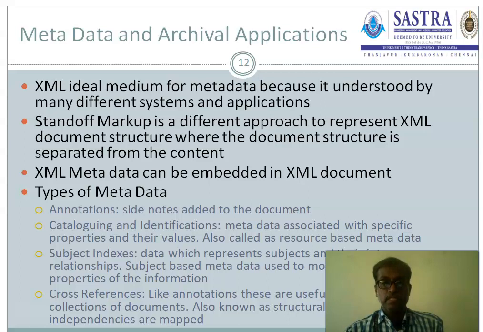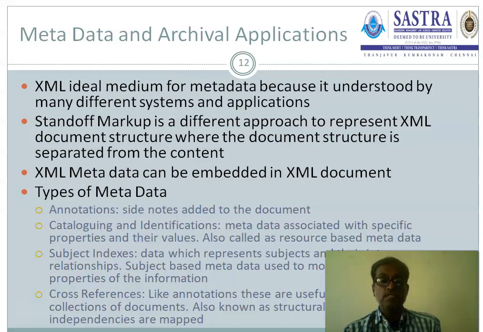Subject indexes: data which represents subjects, for what purpose and in what subject the data is created and documented. So based on the subjects only, data which represents subjects, and then different subjects can have interrelationships between them. All those things can be managed by using this type of metadata. Subject based metadata is used to model and act as properties of the information.